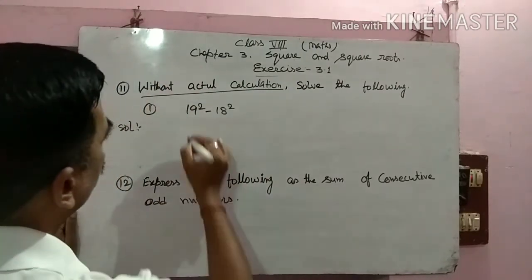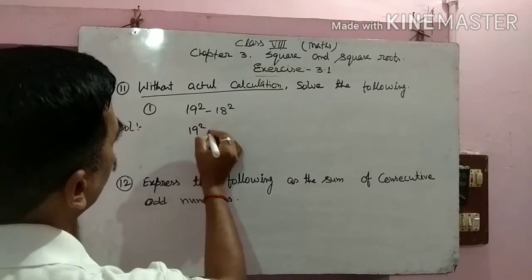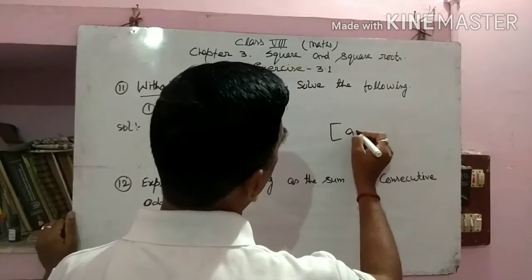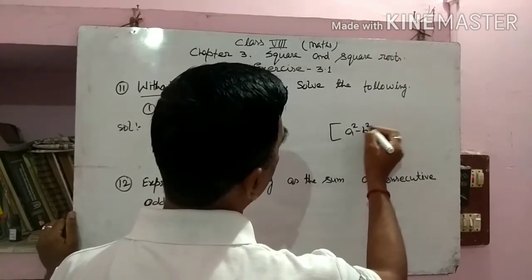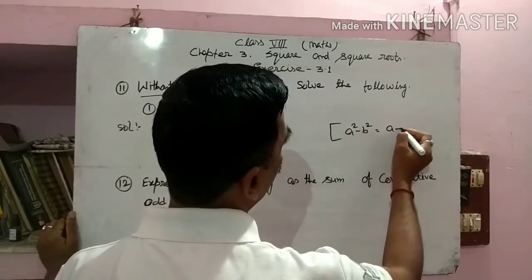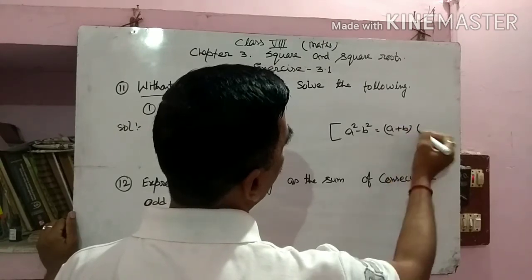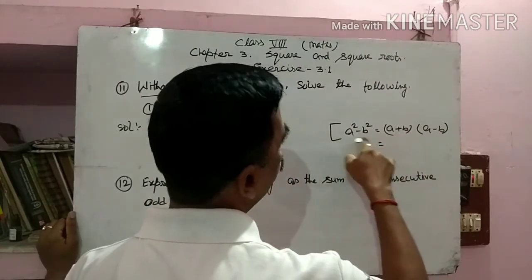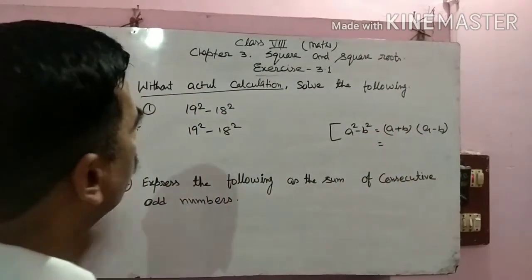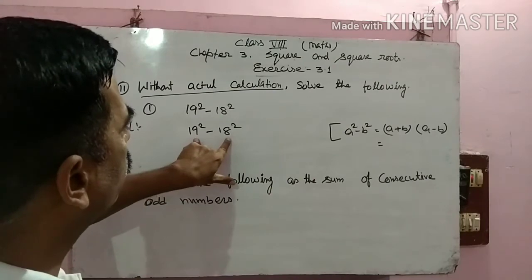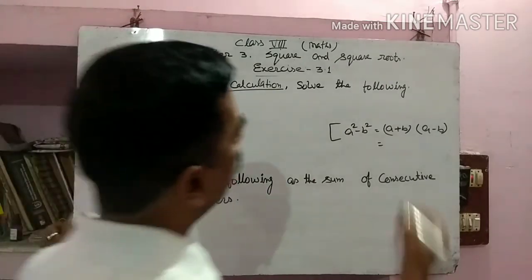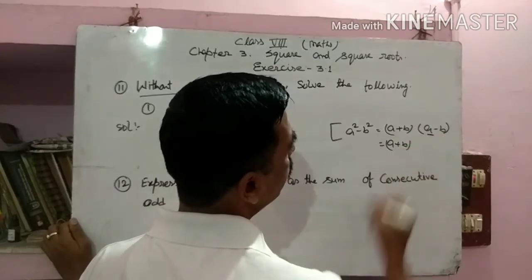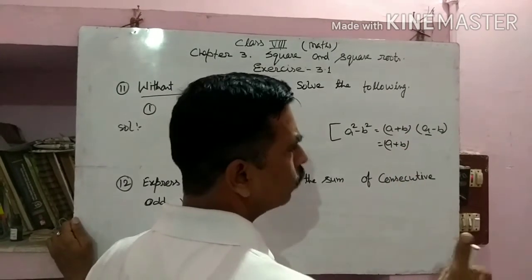whatever you know, as 19 square minus 18 square. As you know, this is written in the form of a square minus b square, which is equal to (a plus b) and (a minus b). And finally, if there is a difference of only one between the numbers, as here 19 and 18 are given, then 19 minus 18 becomes 1.